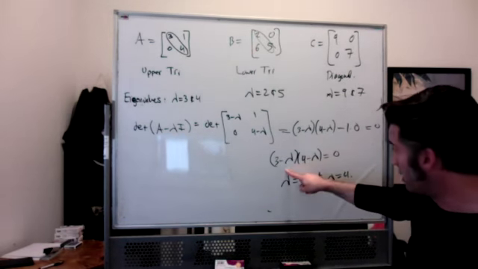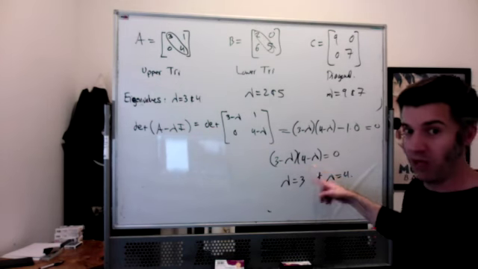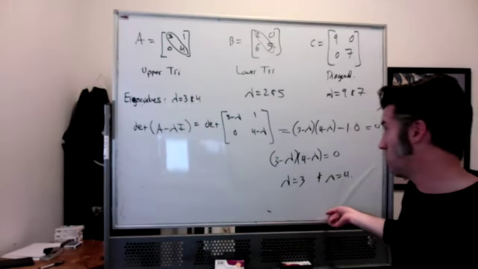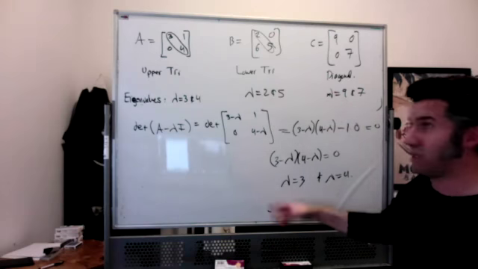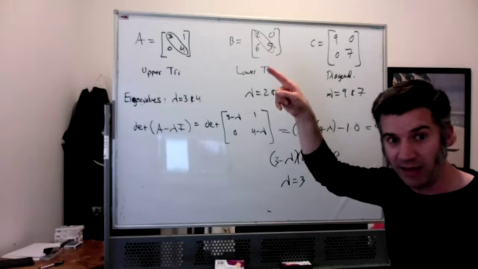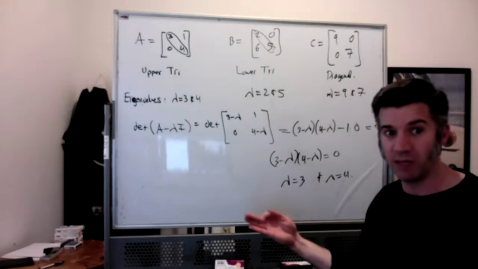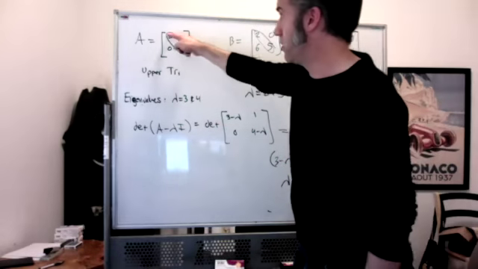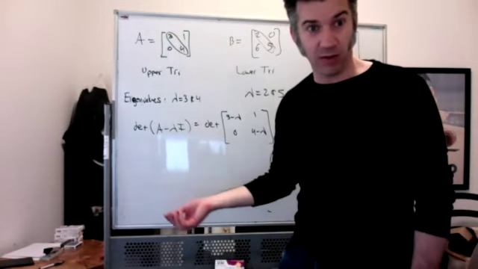And we still get lambda equals 3 or lambda equals 4. But what I'm also saying is you can totally skip this, because when you have a matrix like that, it's always going to be the values that are on the diagonal.